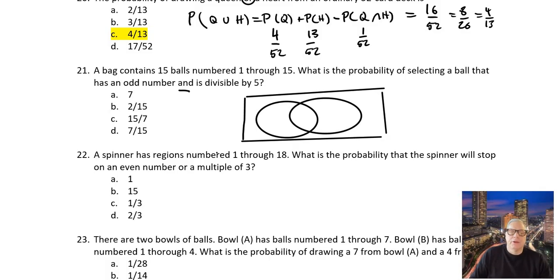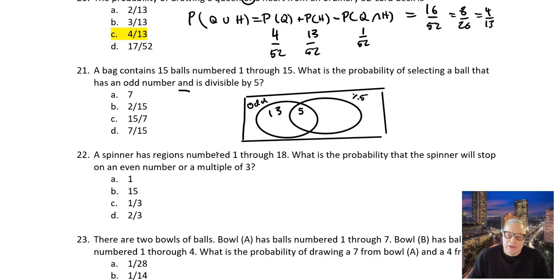Okay, so we have 15 balls, and we are looking at odd numbers and ones that are divisible by 5. So let's make the first bubble odd, and then this one divisible by 5. Odd 1, 3, not divisible by 5, but 5 is.